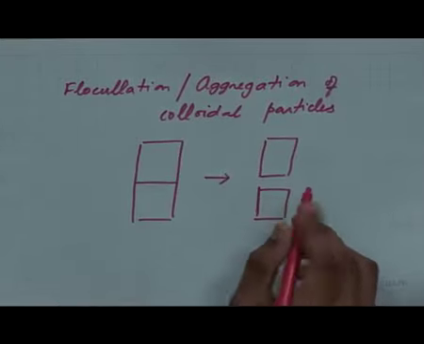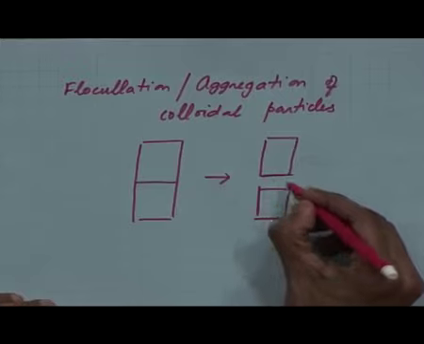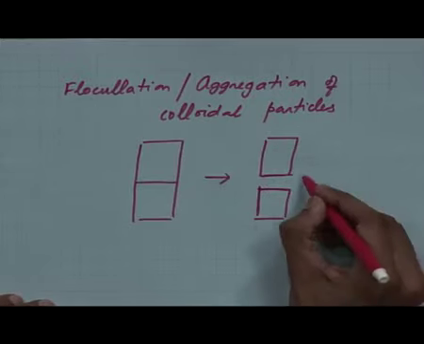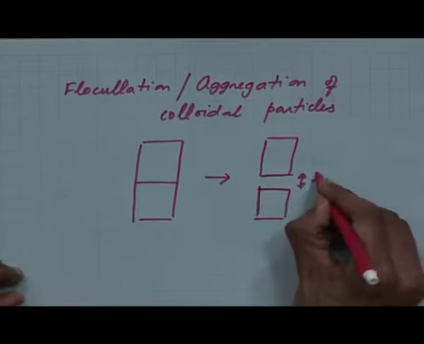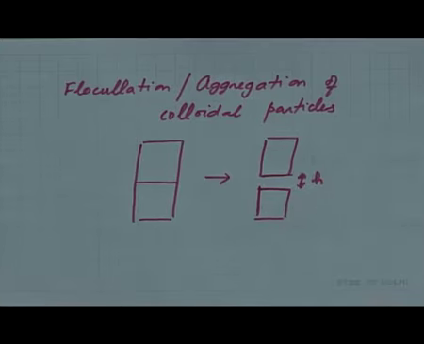So, what I am doing is I am creating two surfaces here and here, and I am separating them out, and let us call this separation between these two surfaces H.